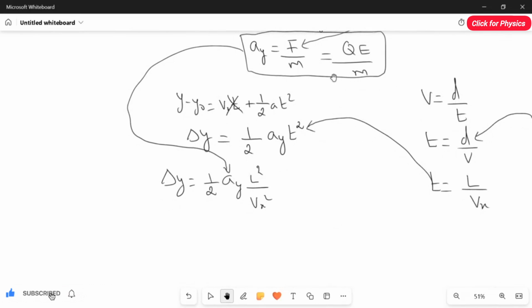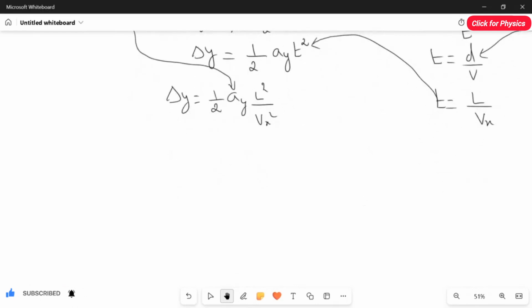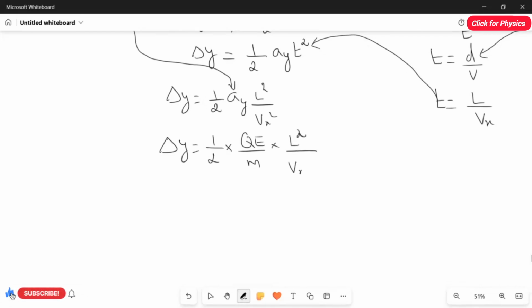By that, the equation gets a new form: delta y equals half multiplied by qe over m multiplied by L square over v of x square.